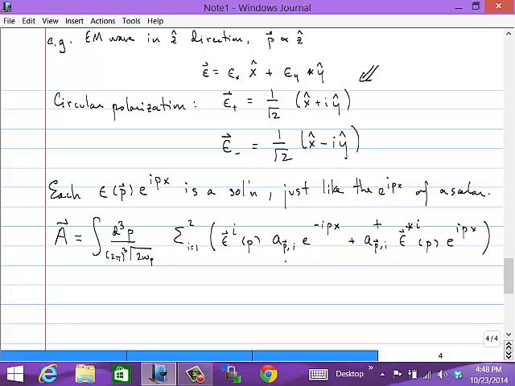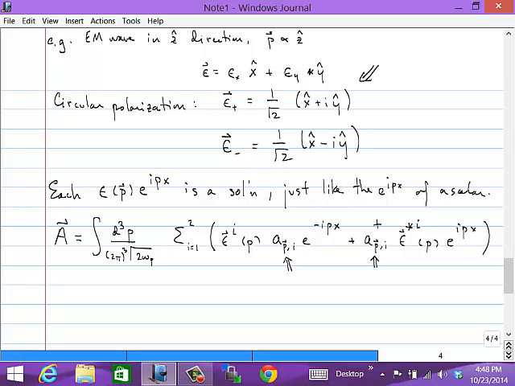And so we now get two different types of expansion coefficients, what I called a p1 and a p2, corresponding to the two different types of polarizations. And the idea, when you quantize the theory, is that you take these coefficients that appear in the Fourier decomposition of A, and you promote them to operators.